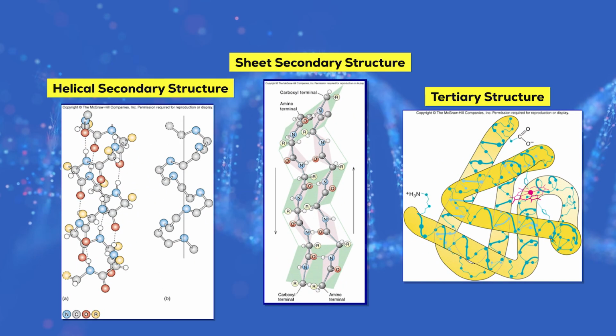Protein structure, I already told, is the primary structure, the helical structure, the beta pleated sheet or alpha helix, which are known as secondary structure, then tertiary structure and quaternary structure. These are all the diagrammatic representations.